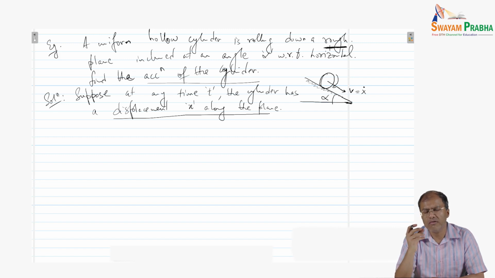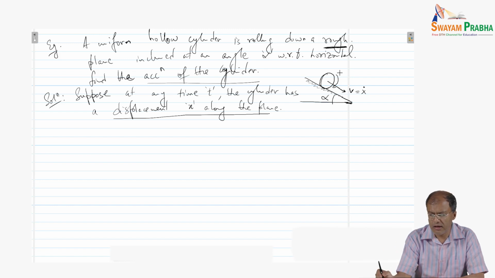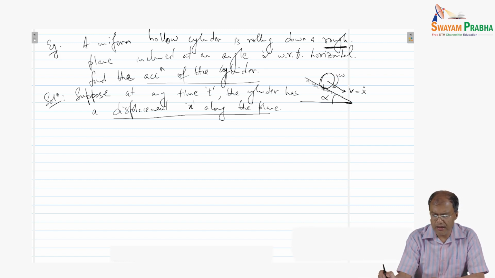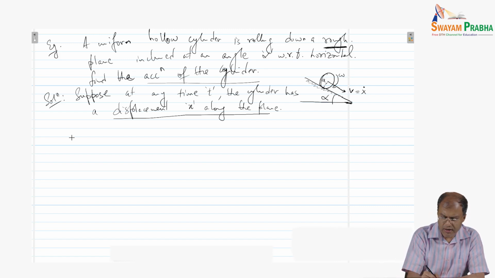Because the moment the system is rolling, the angular velocity is going to be known, and the number of degrees of freedom comes down by 1, right? So if the radius of the cylinder is a, our angular velocity will be v over a. So that is the rolling condition.